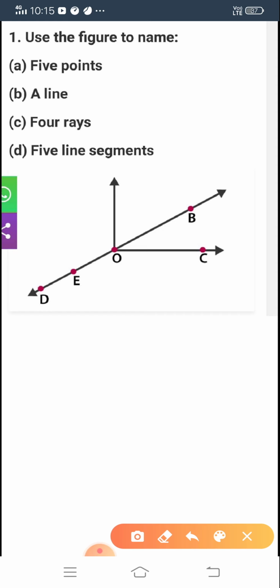Next one, that is 4 rays. What do you mean by ray? One starting point is there and it extends on one side.